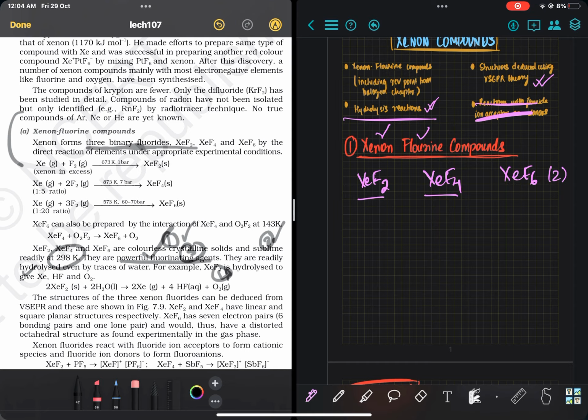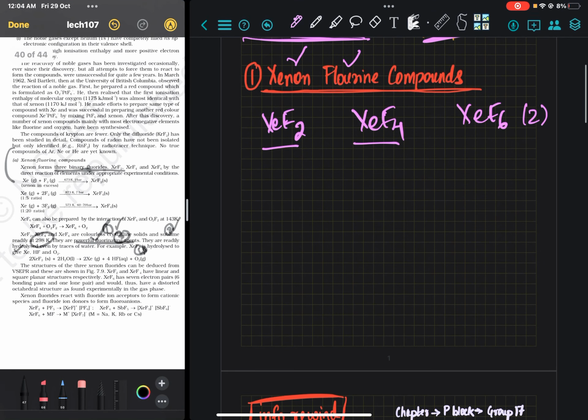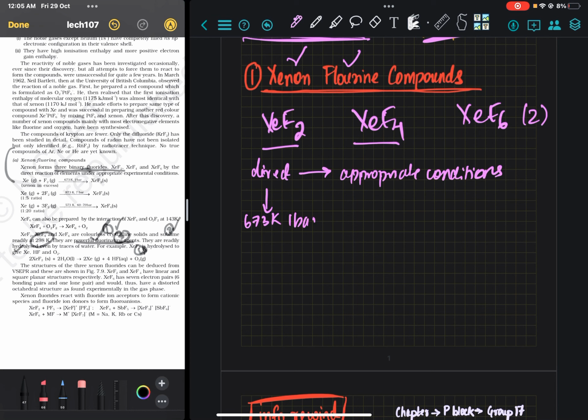Coming back to the preparation. Obviously all of these can be prepared by direct methods, but you need appropriate conditions to get the product. For XeF2, the conditions are 673 Kelvin temperature, 1 bar pressure.